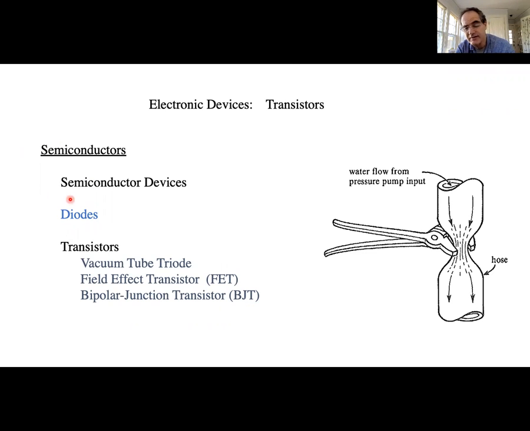Well, diodes that are used in electronics, but also light-emitting diodes, which are the cheapest and most efficient light source available today, and solar cells, which are rapidly changing the energy production in the United States and in the world. At least that's what we hope, right?